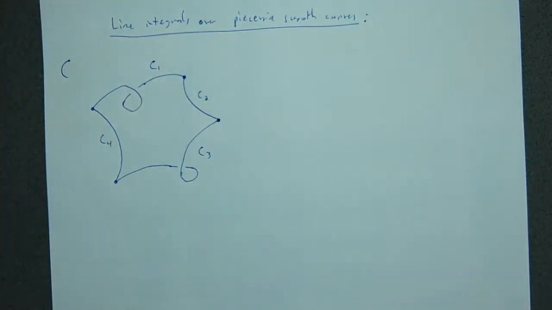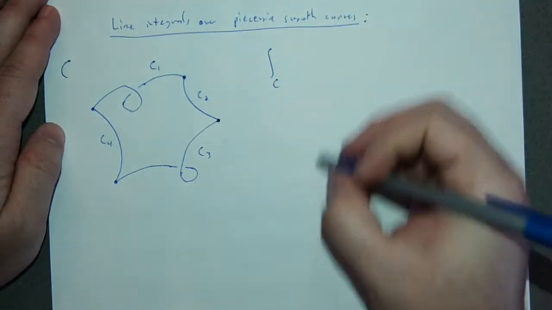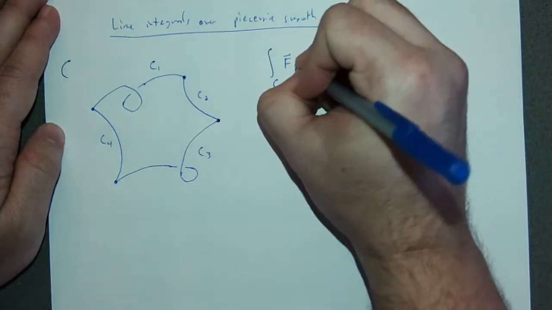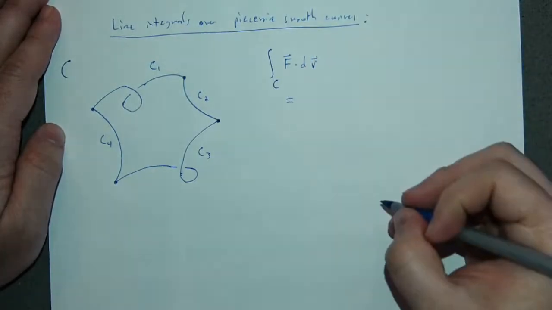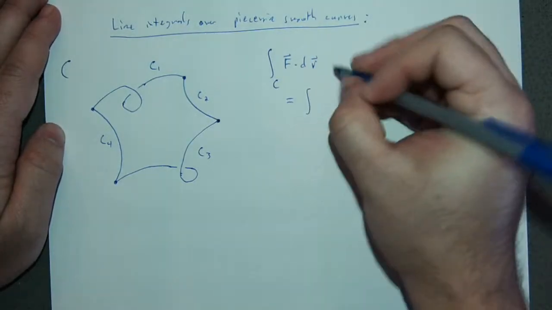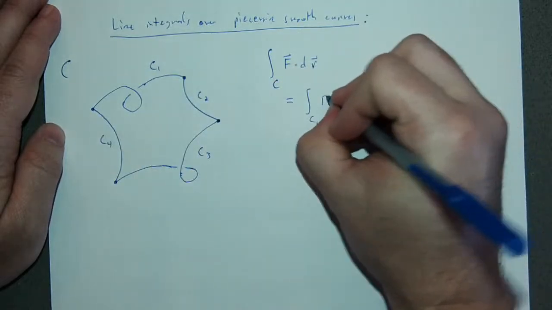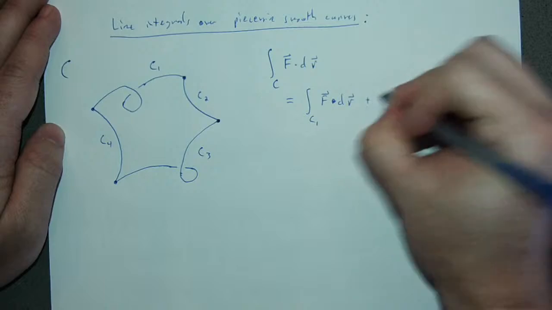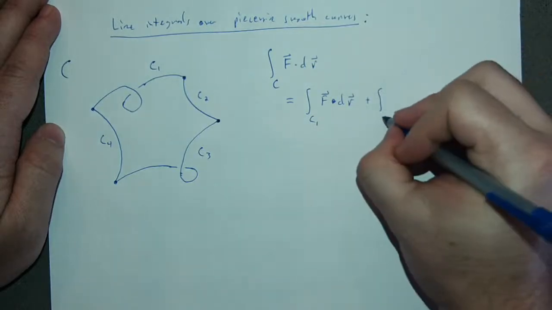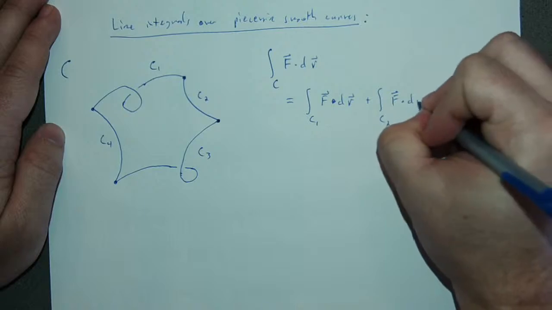And so how would I compute the line integral over my curve C of some vector field f? Well, as I mentioned previously, this is done piecewise. It's done over the pieces. So this would then become a sum of 4 of these things.